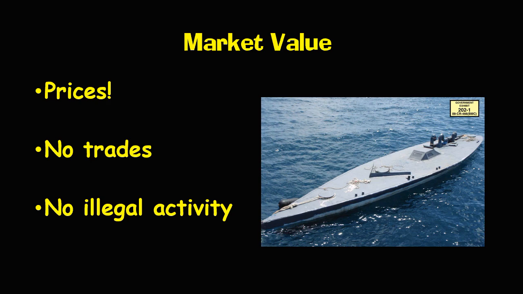So you grew 100 bushels of wheat and sold them at $4 apiece, $400. Things that don't have prices don't have a calculable market value and therefore aren't part of GDP.